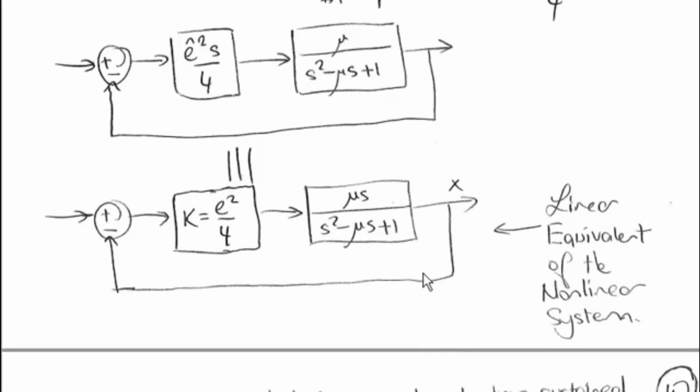In the original nonlinear system, we want sustained oscillations. Now we want sustained oscillations in the linear system and linearized system here. We know what we have to do, because for a linear system to have sustained oscillations, it has to have some closed loop poles exactly on the imaginary axis.